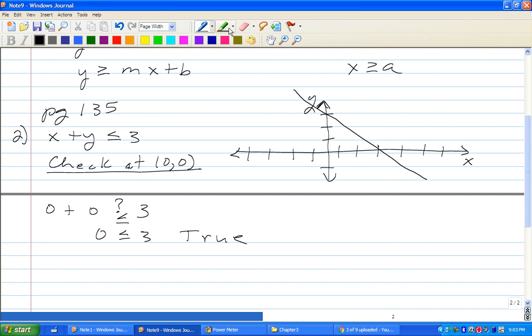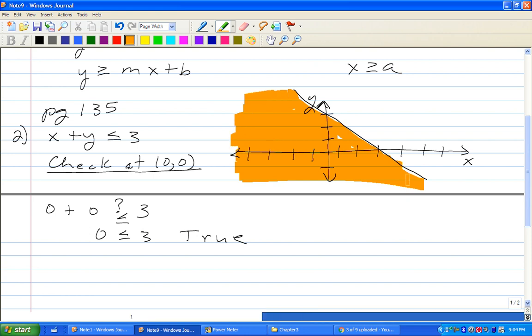Therefore, on this side of the equation, it's true. And so I should shade, let's do it with orange. Then if I shade this side of the equation, then this will be the solution to this particular inequality.